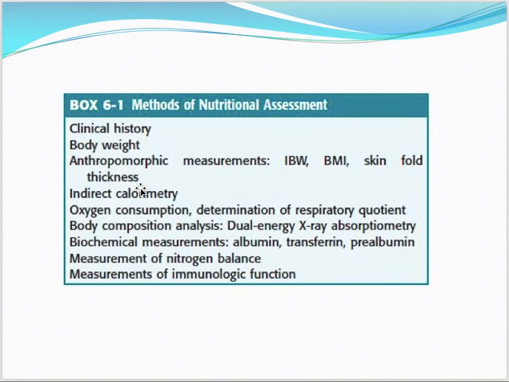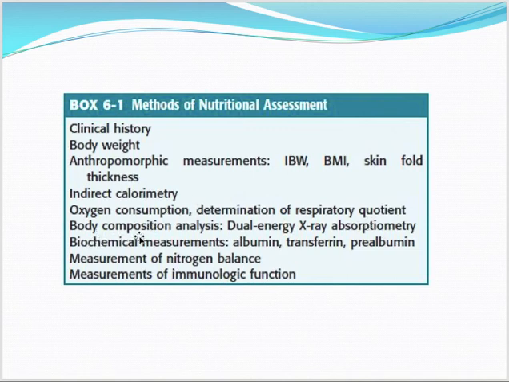So skin fold thickness is basically how much fat you have, and that can be measured near the triceps. Many other ways are there, but it can be measured this way. Now these are the other ways to check the nutritional status of any person, like indirect calorimetry, oxygen consumption, determination of respiratory quotient.